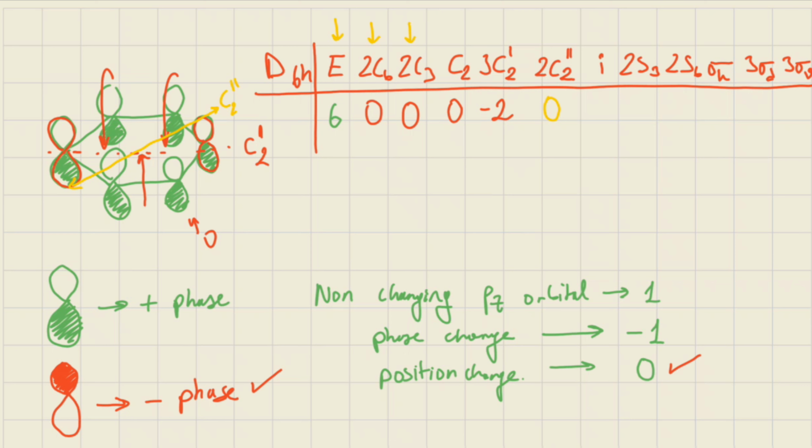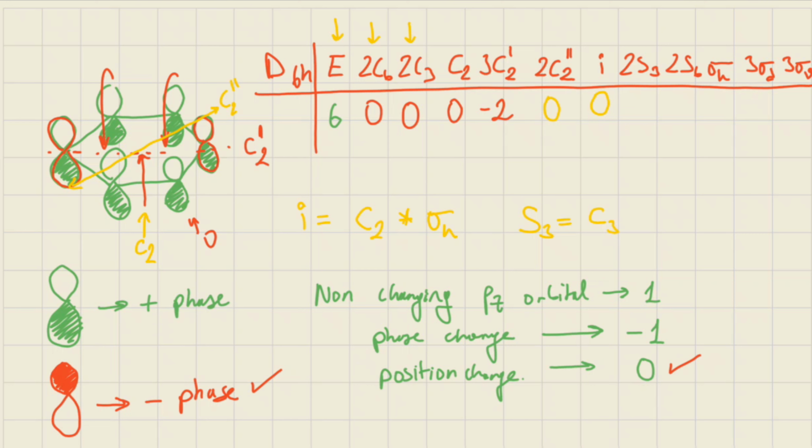And i equals C2 times sigma h. So we will apply the C2 here, then I will take the sigma h, and the answer will definitely be 0. Okay. And S3 is similar.